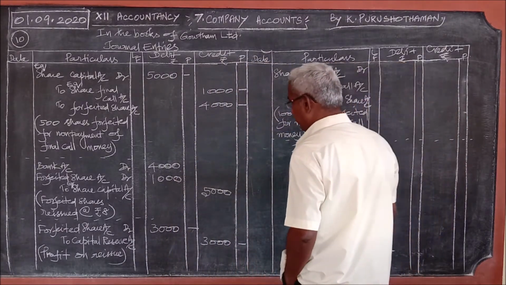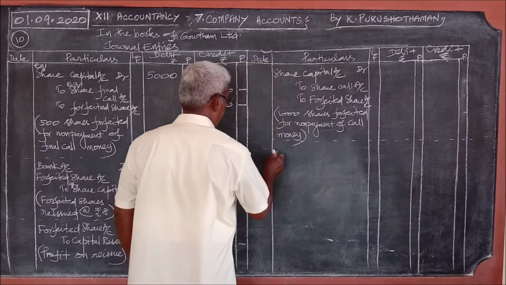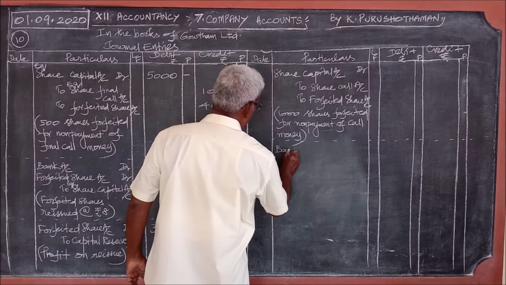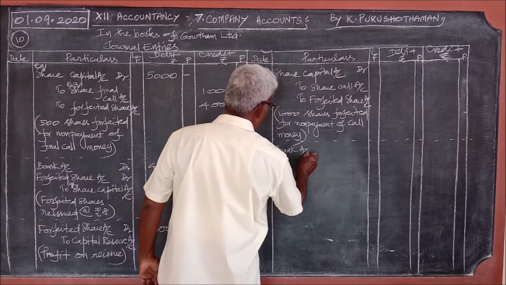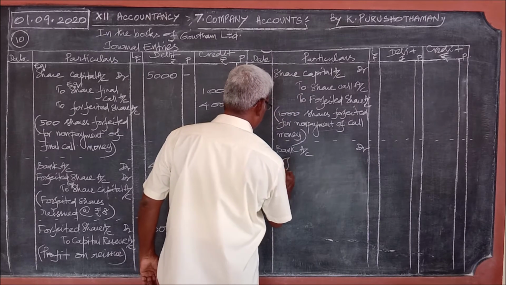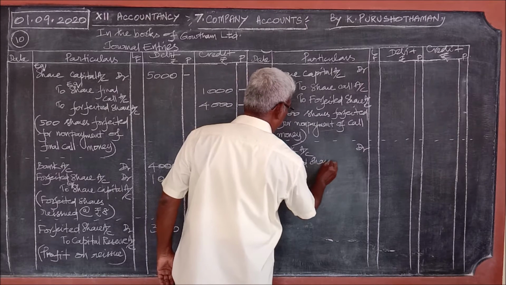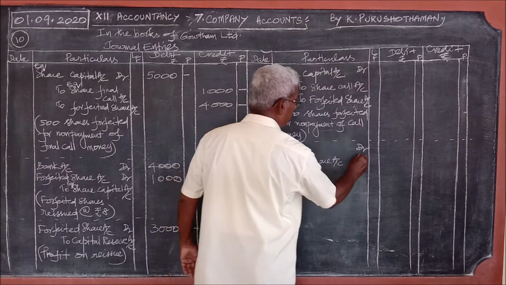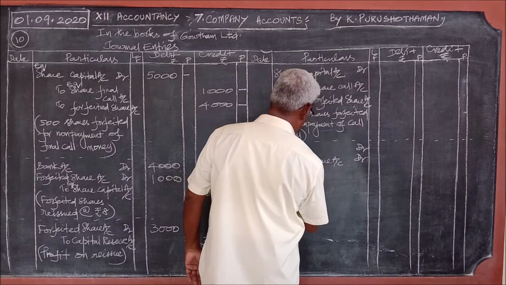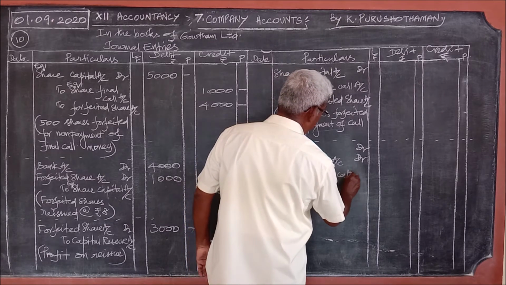Right, this is it. Then for reissue, the same journal entry. Bank account debit, forfeited share account debit, to share capital account.